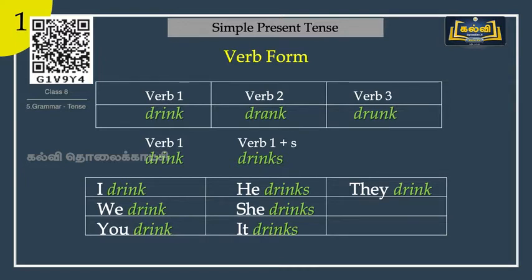I drink coffee. We drink coffee. You drink coffee. He drinks coffee. She drinks coffee. It drinks coffee. And they drink coffee. So, what is the difference? When you choose the verb, you should add s or es with it when you are applying it for third person singular: he, she, it. I mean, whenever you say, your father drinks coffee, your mother drinks tea.